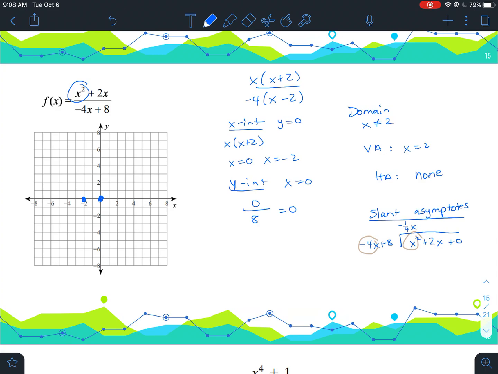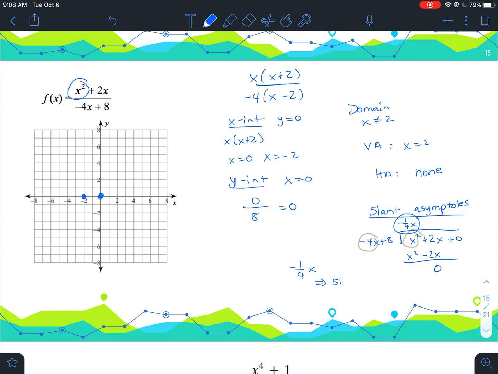That would be negative 1/4 x. If I multiplied that out, I would get x squared, and then negative 1/4 x times 8 would be negative 2x. And if I divide that out, I get 0. So it goes in cleanly. That means negative 1/4 x is going to be my slant asymptote.